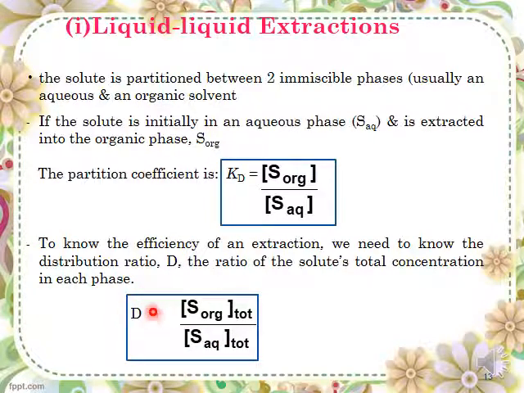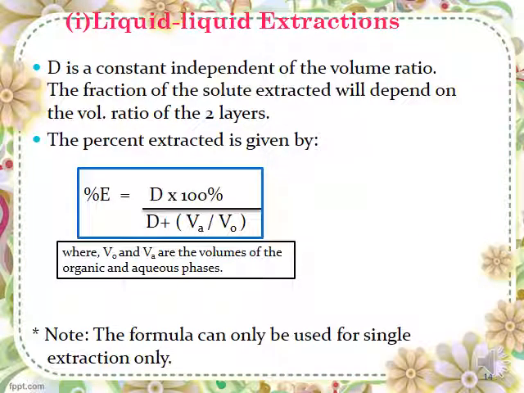This distribution ratio D value is then substituted in this formula to find the percentage of efficiency of the liquid extraction. V here is the volume used in the extraction process. O is the solvent. A is the aqueous phase.